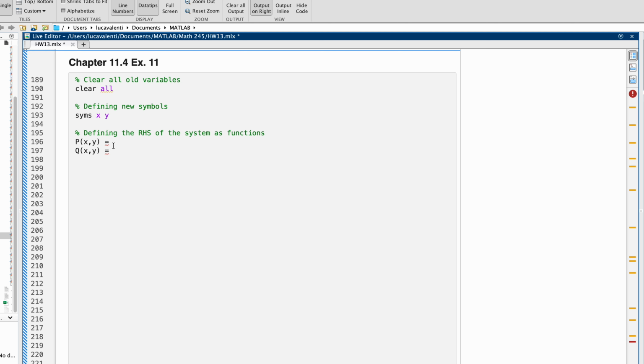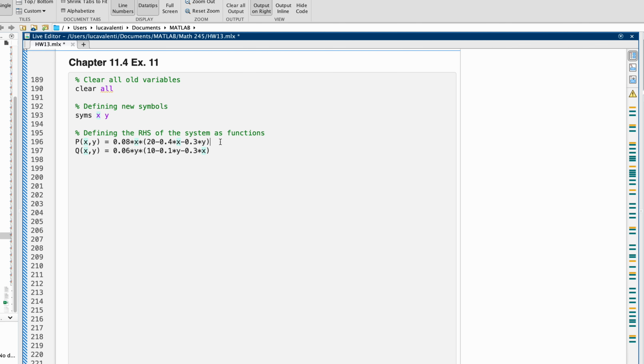So for exercise 11, they were 0.08 times x times 20 minus 0.4 times x minus 0.3 times y. And here we had 0.06 times y times 10 minus 0.1 times y minus 0.3 times x.